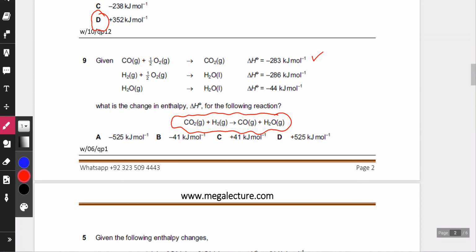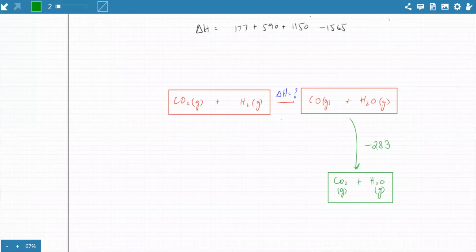It's H2 getting converted into H2O liquid, right? So you have H2 over here, and it gets converted into H2O liquid. I'm going to keep carbon dioxide as it is, not do anything to it.